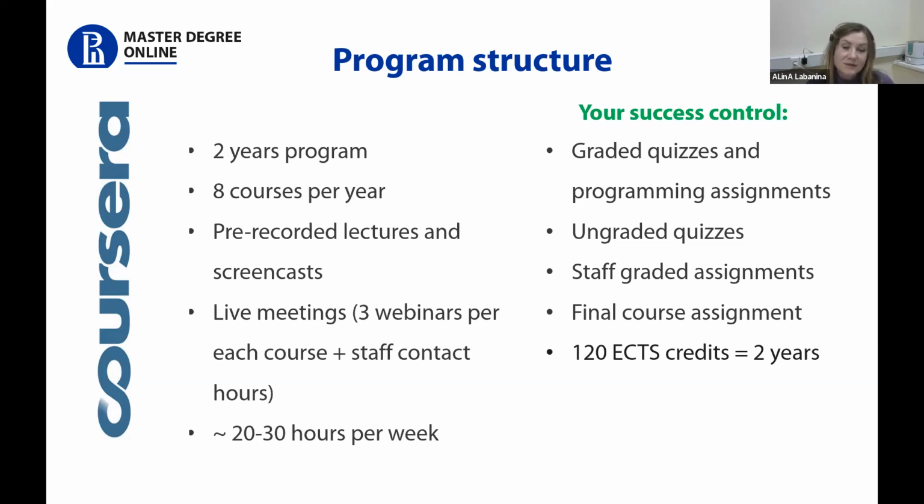We expect that our students spend about 25 hours per week to watch the videos and to do the tasks. So how do we control your success? Every course has graded quizzes and programming assignments, ungraded quizzes, staff graded assignments, and of course a final course assignment, which is controlled by your course tutor.